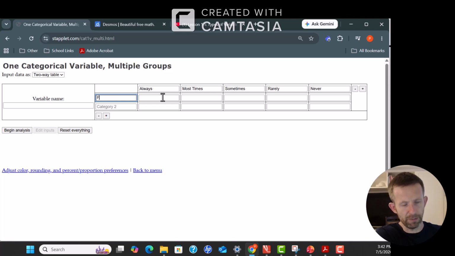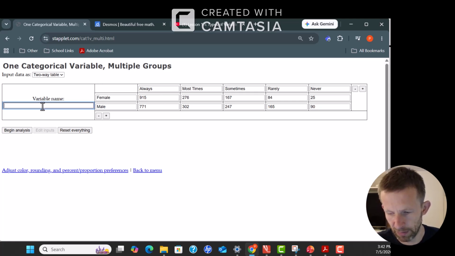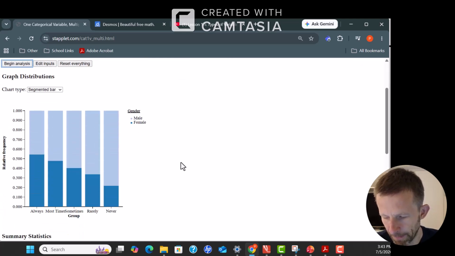And I'll have female 915, 276, 167, 84, 25, male 771, 302, 247, 165, and 90. So variable name, this will be gender. Begin analysis.